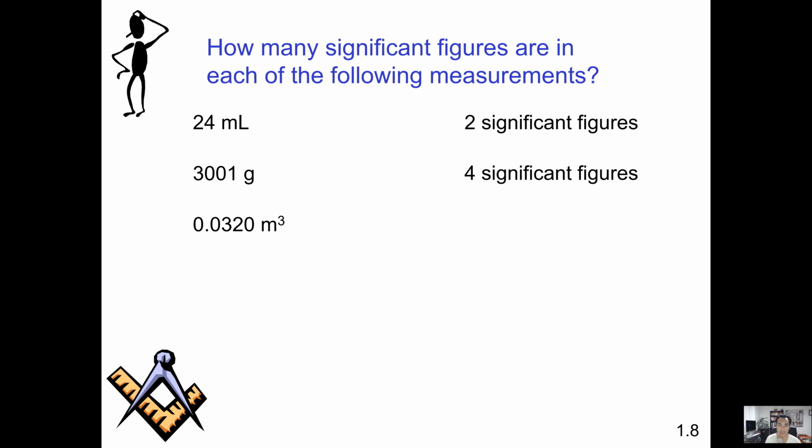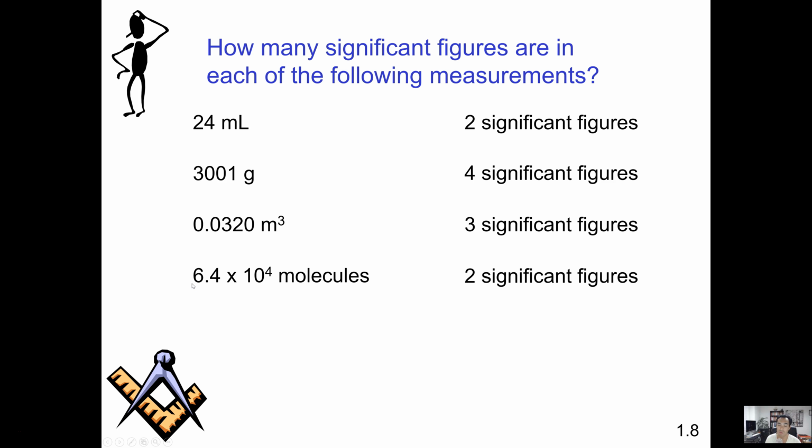In this case you would have 3 significant figures, because the 320 are significant, but the leading zero is not. How about 6.4 times 10 to the 4th power? The 6 and the 4 are non-zeros, so that would be 2 significant figures. And then 560, which would be 2 significant figures, because the 5 and the 6 are there, but the 0 does not count.